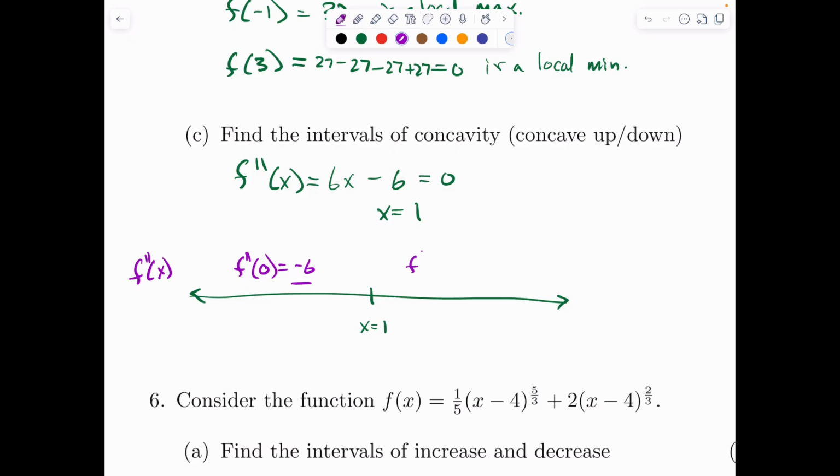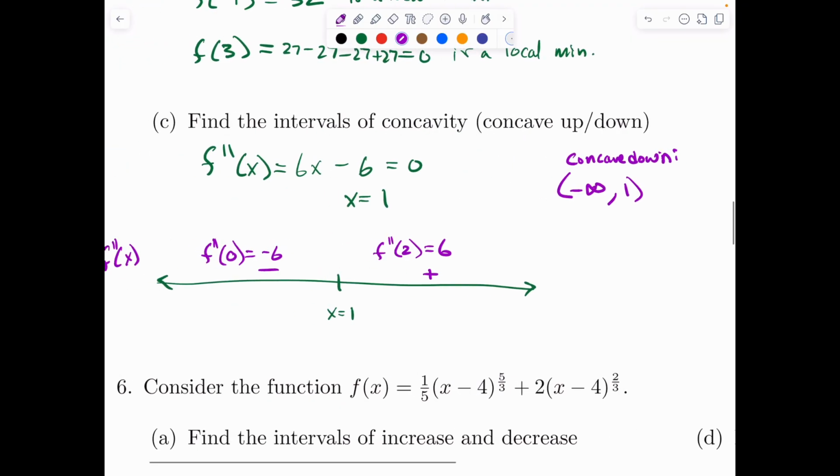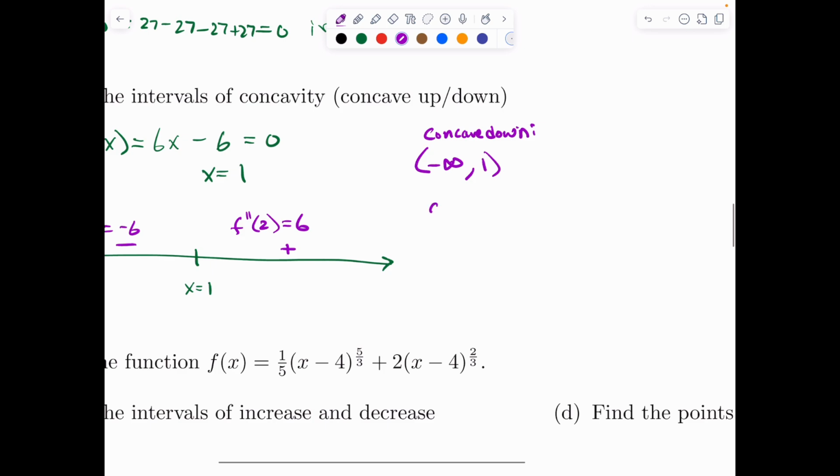And then f double prime of something bigger than 1, say 2, is equal to positive 6, so that's going to be concave up. So concave down will be from negative infinity to 1, everything less than 1. Concave up will be from 1 to infinity.